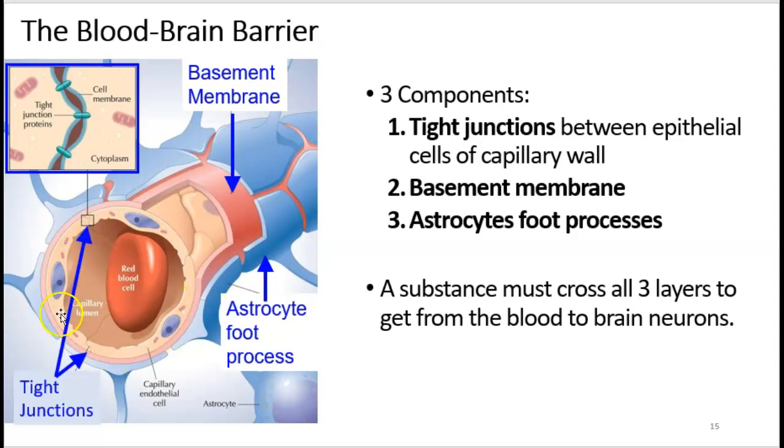Then surrounding the endothelial cells is what is called the basement membrane. It's difficult for hydrophobic and hydrophilic substances to cross that. And then surrounding the capillaries are foot processes of astrocytes, which are also connected to neurons. In order for a substance to leave the capillary and enter the brain tissue, it has to cross all three layers.